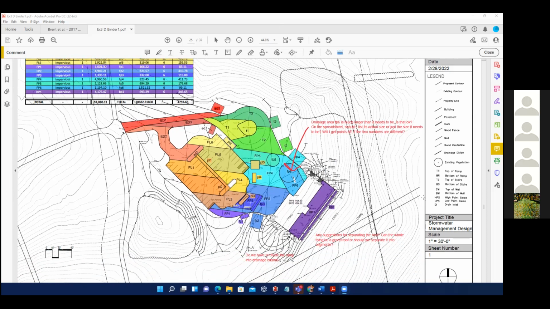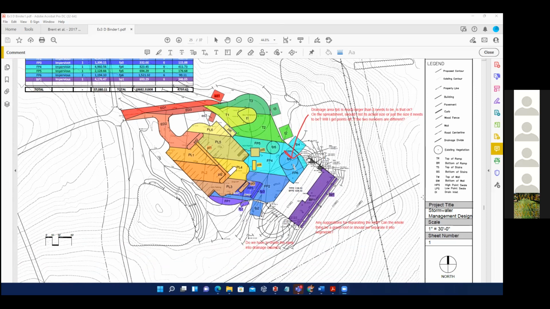Any suggestions for separating the roof? Can the whole thing be a green roof, or should we separate into segments? You would definitely have to separate it into segments. The way that you divide the roof, the shape of the roof would be determined by the building design.